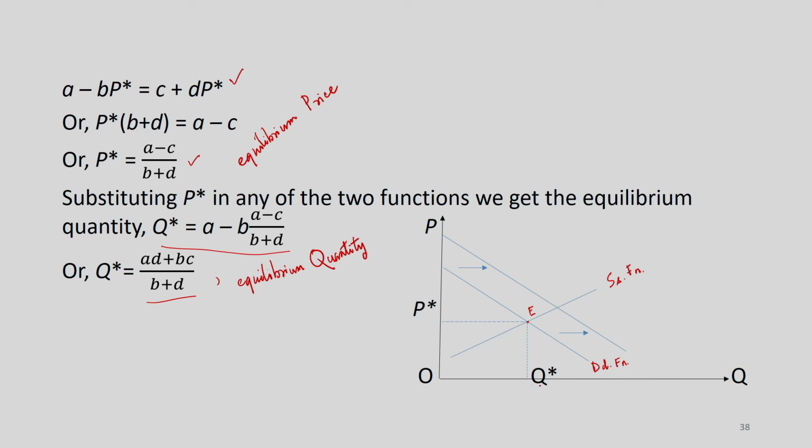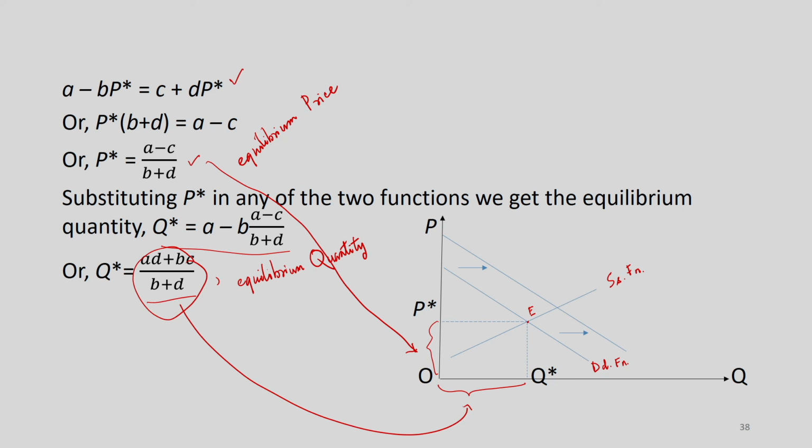So, this perpendicular EQ star on OQ, so OQ star, this part is this value, AD plus BC divided by B plus D. And as I draw the perpendicular on the vertical axis, I get OP star, that intercept, and that is given by this quantity A minus C divided by B plus D. So, this is the geometrical interpretation of the same solution, the equilibrium.